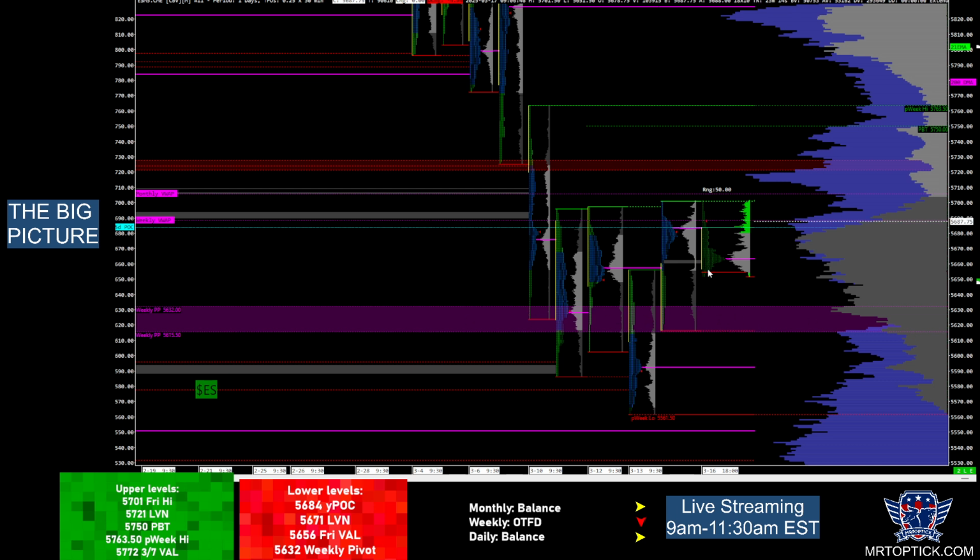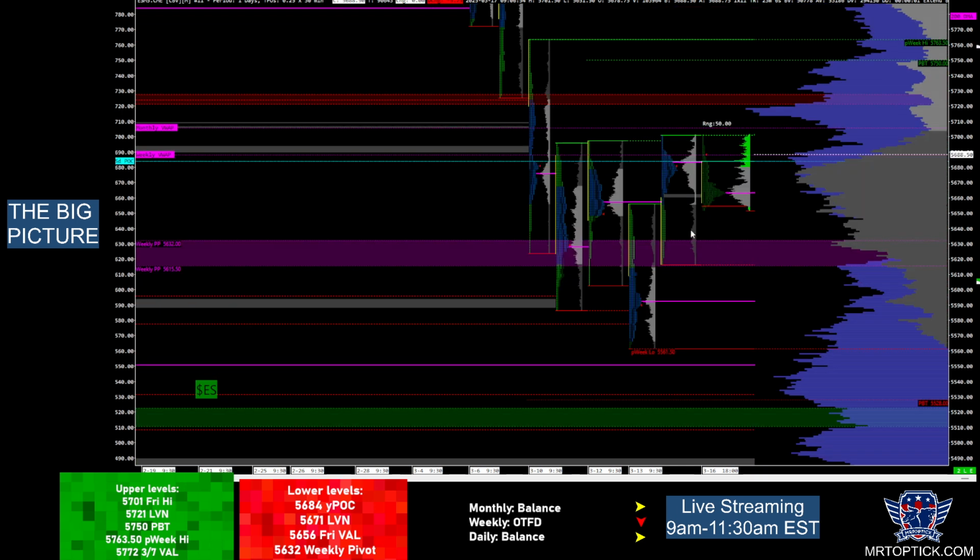So we could see a bounce from there and a return to being rotational in this range. But if we get below it and then we break Friday's low, then I'll be looking for the value area sweep from Friday's range and target this point of control, which is at... where is it at?